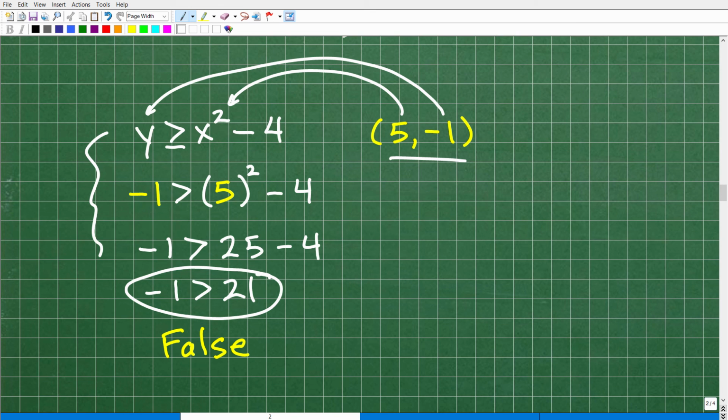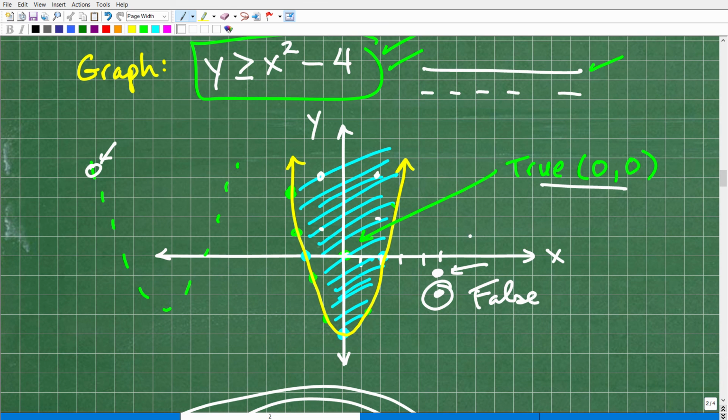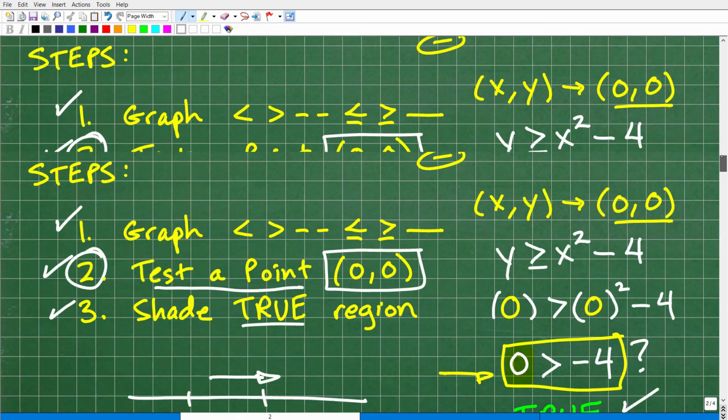So is negative 1 greater than 21? No, right? That is false. So that verifies that. You could pick a point way over here and test that point. Oh, that point's false, therefore inside is true. But always use 0, 0 as it is the easiest point to use.